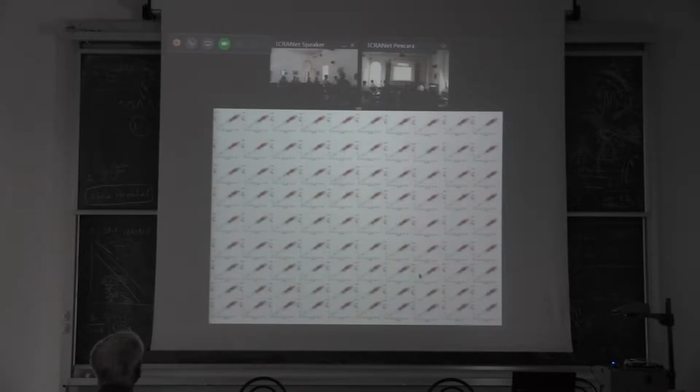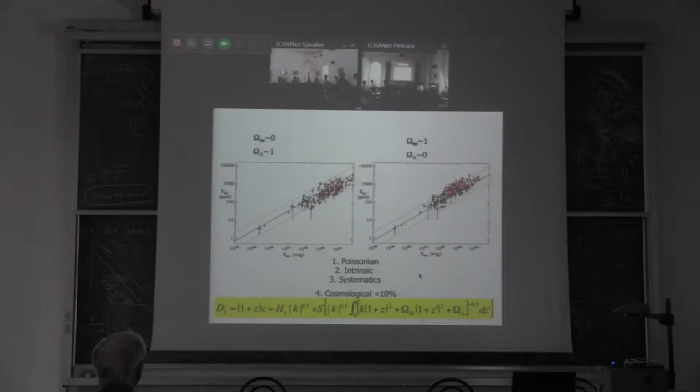And we can study how the scatter of this relation is modified by assuming different cosmological parameters. In other words, we introduce artificially an additional scatter due to the cosmology that we have estimated to be less than 10%.